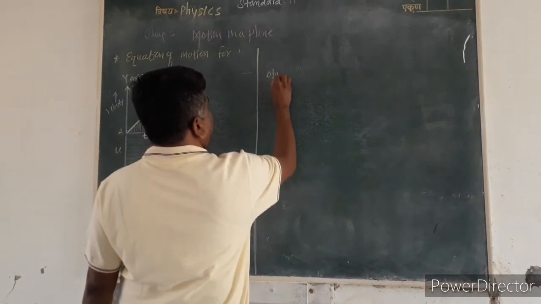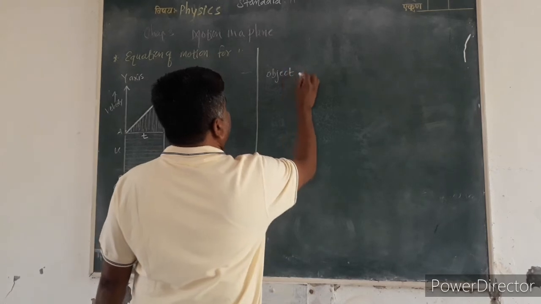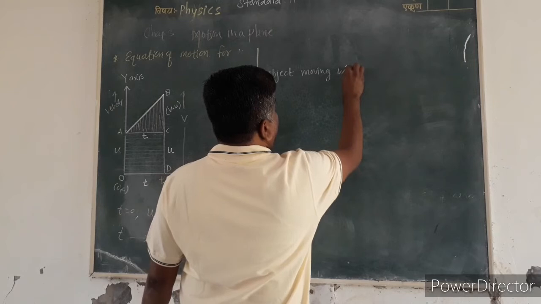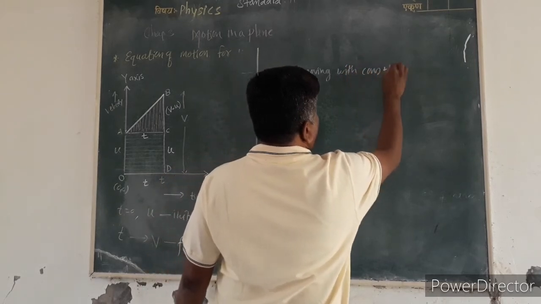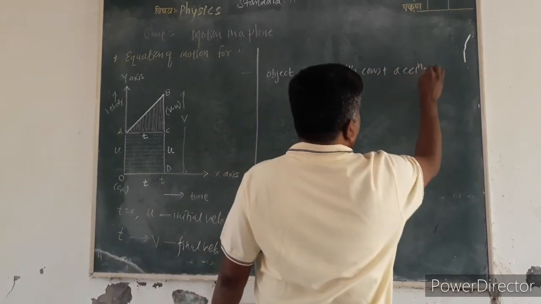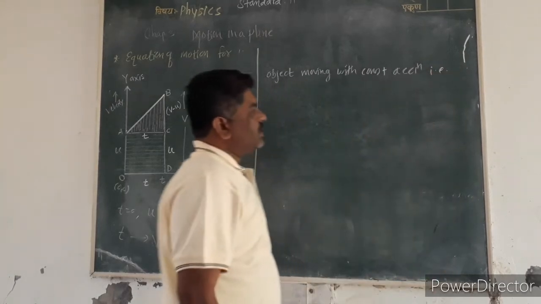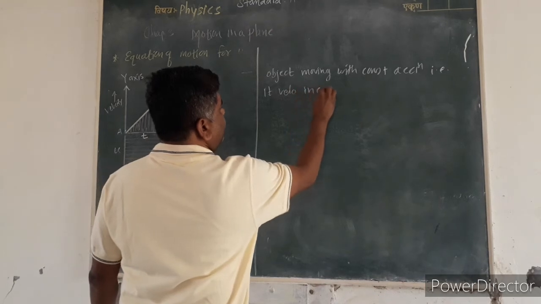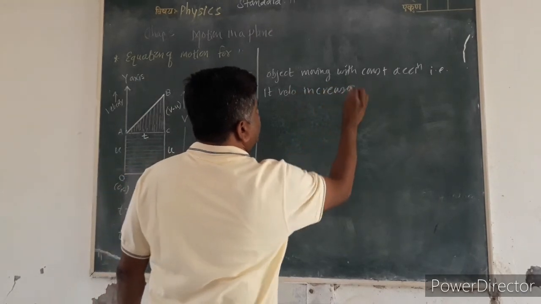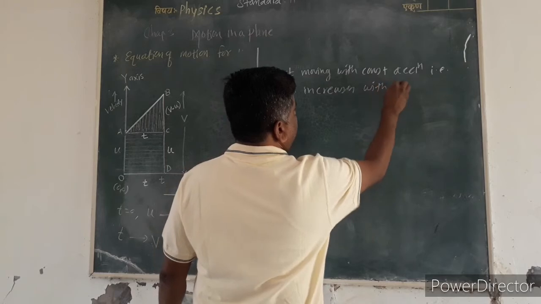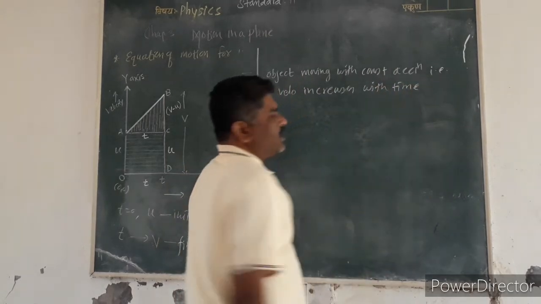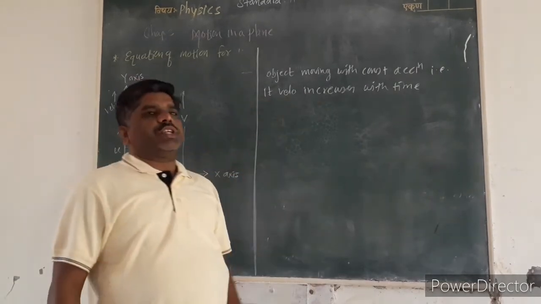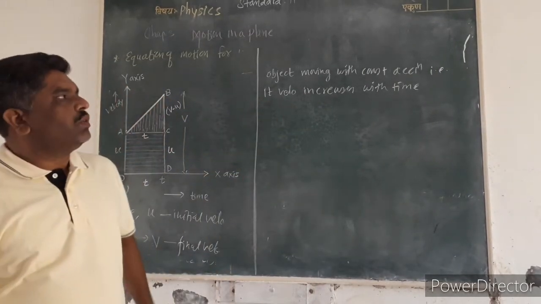The object is moving with constant acceleration, that is, its velocity increases with time. If a body has constant acceleration, its velocity increases with respect to time.